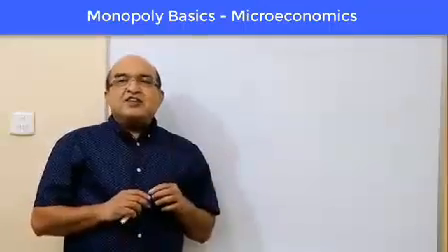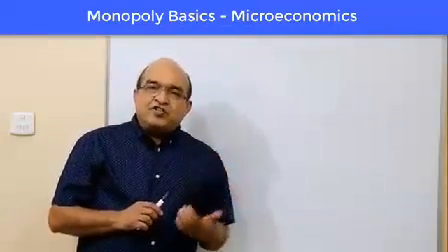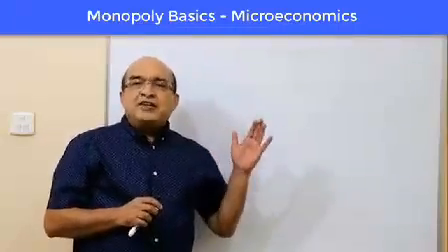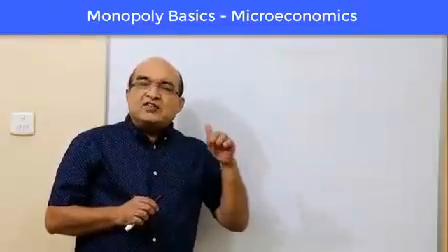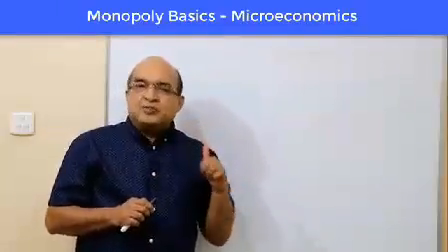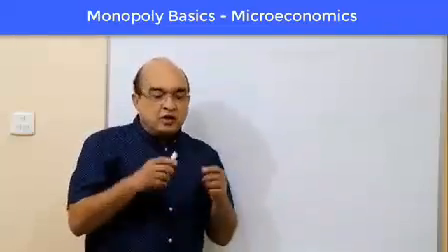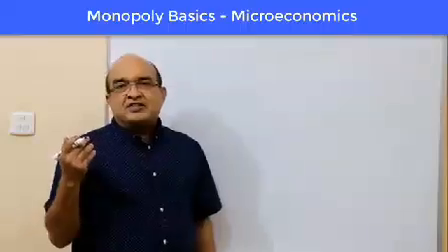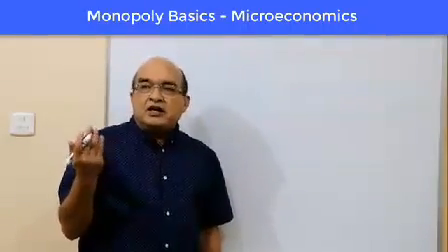Now we will discuss what factors can possibly create a monopoly. Although monopoly is an extreme form of market structure where there is only one firm without a close substitute, I mean, there is no other firm producing even a close substitute. There are three possible factors that can create, though I am not saying they will always create, a monopoly.